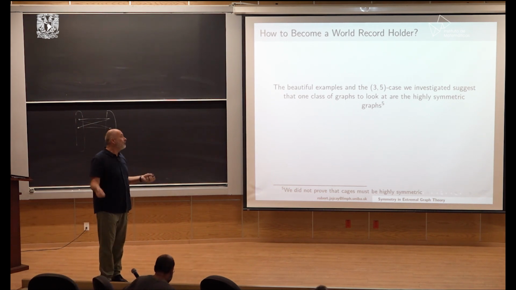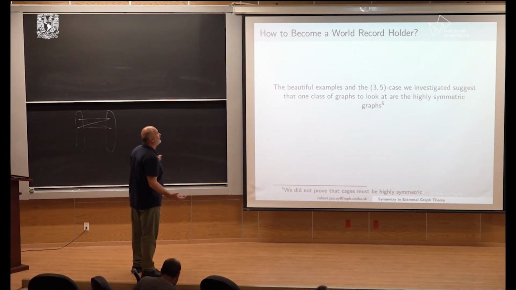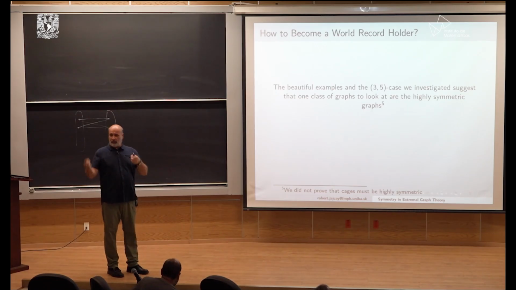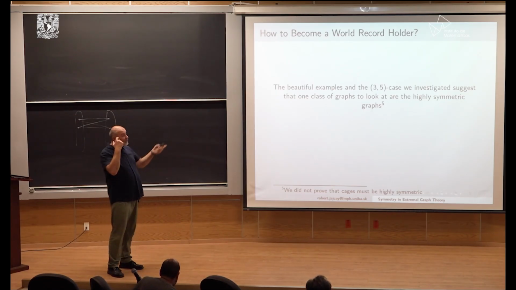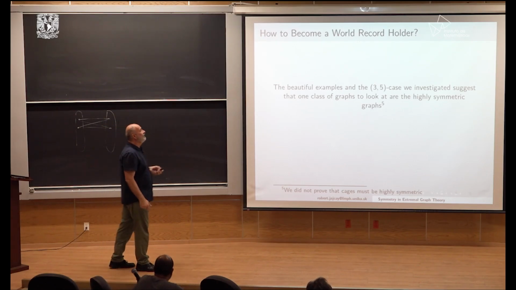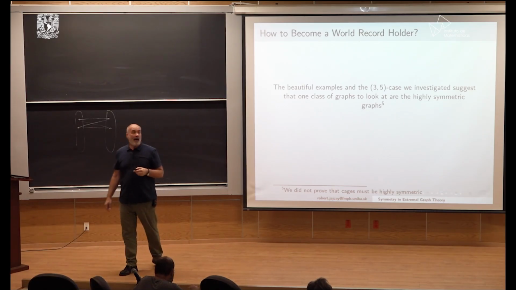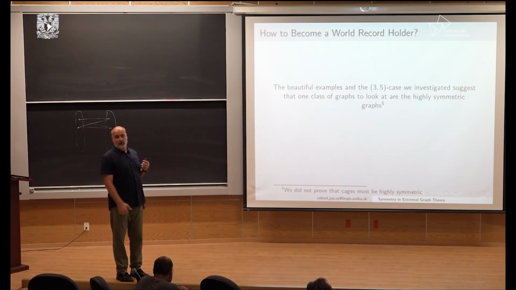Well, you try to learn from the known examples. The beautiful examples, the 3 that I had there, and the 3-5 case, the one that I actually solved on the slides, suggest that maybe the extremal graphs are highly symmetric.